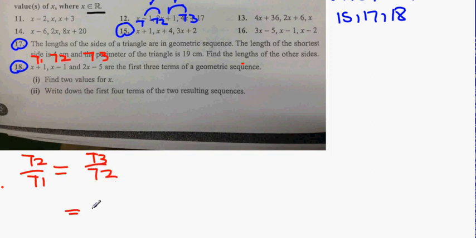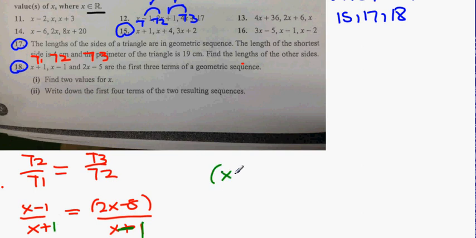We know that's 2x minus 5 divided by x plus 1. We know the other one is going to be x minus 1 divided by x plus 1. Sorry, T2, sorry. So that's x minus 1 here. That's an x minus 1 over x plus 1.